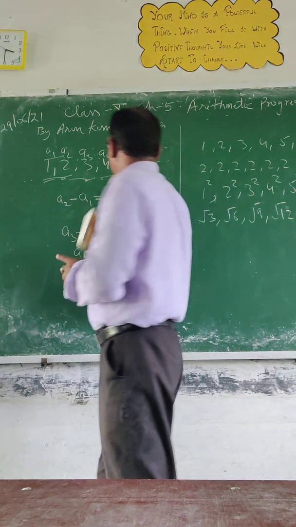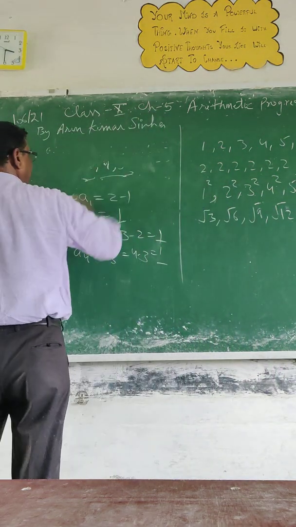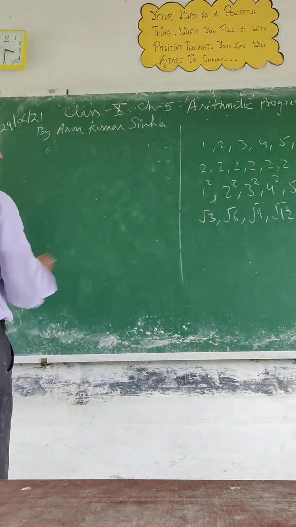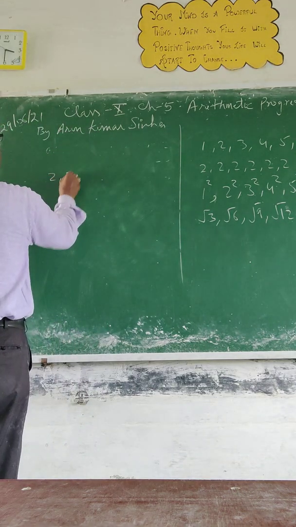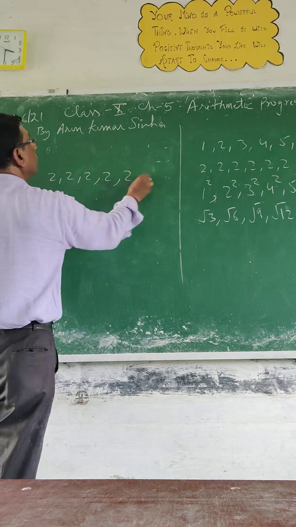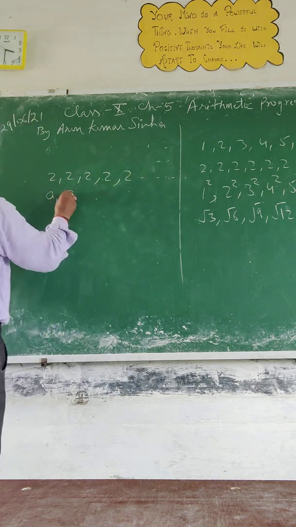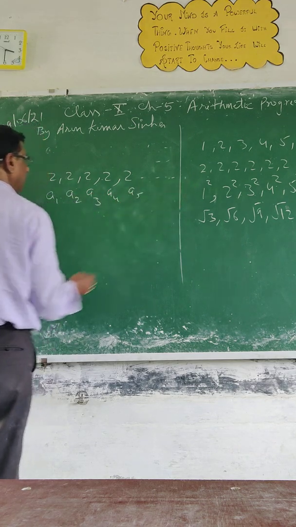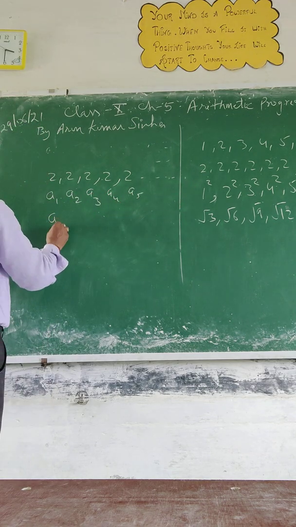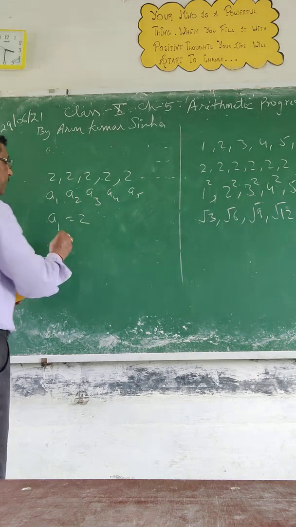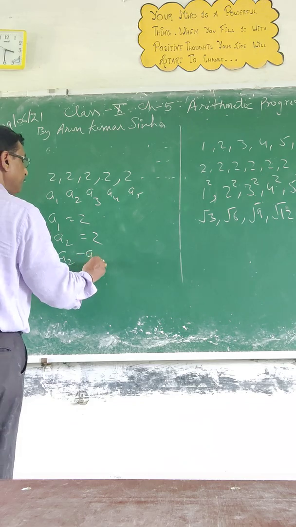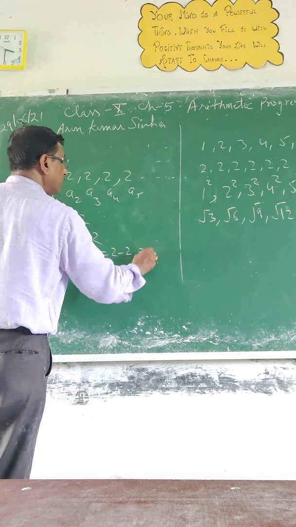Again we will try to understand with another example. Now see the next one: 2, 2, 2, 2, 2, and so on. This is the first term, second term, third term, fourth term, fifth term, and so on. Take the difference: 2 minus 2 is 0.